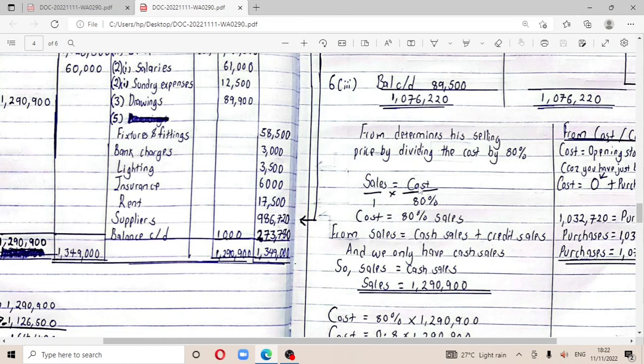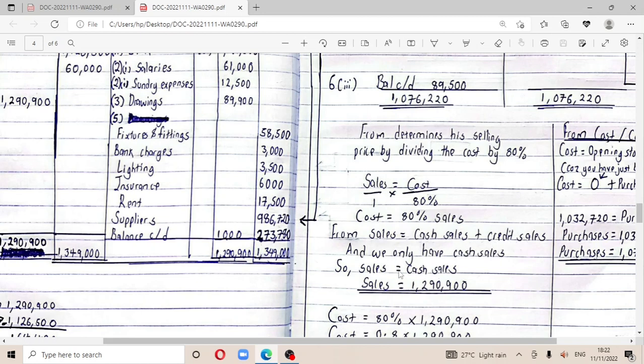So we say sales is equal to cost divided by 80%. So cost is going to equal 80% times the sales. And from the sales, we get to know that sales can be equal to cash sales plus credit sales. And we only have cash sales, so we don't have the credit sales.